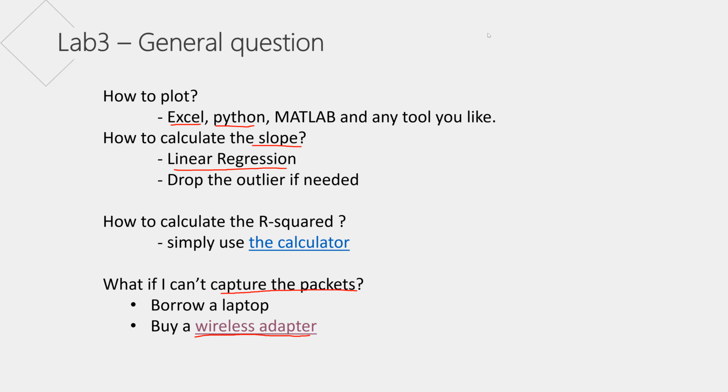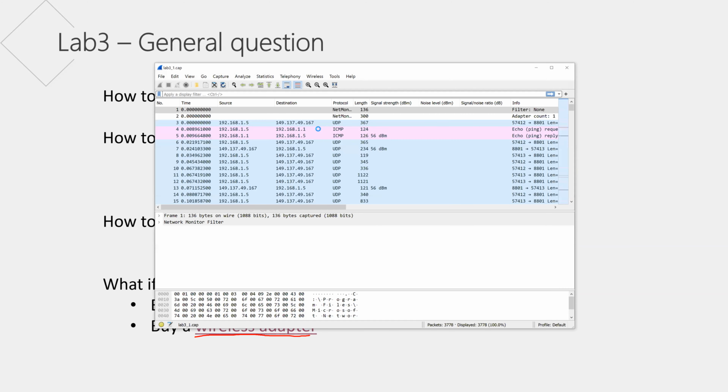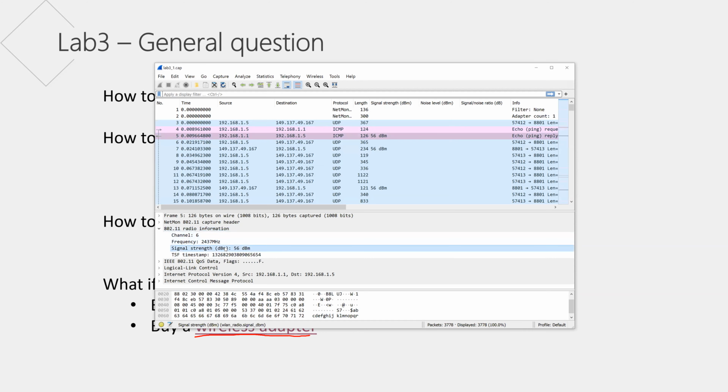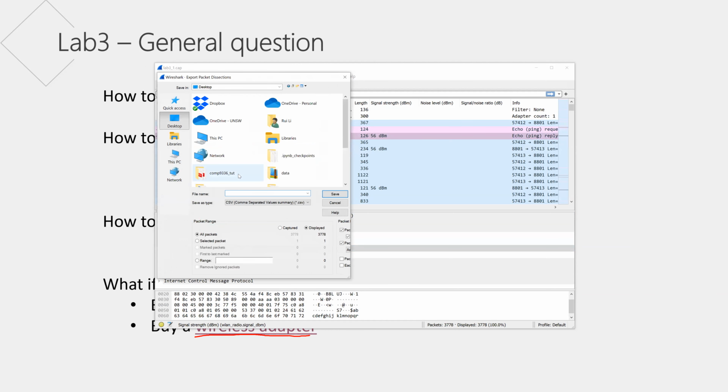How do we convert the positive signal from the network monitor to the correct negative values? Okay, let me see. For example, here, open it with Wireshark. What do you mean, this one? Signal strength. Let's see if we can output as a CSV file example.